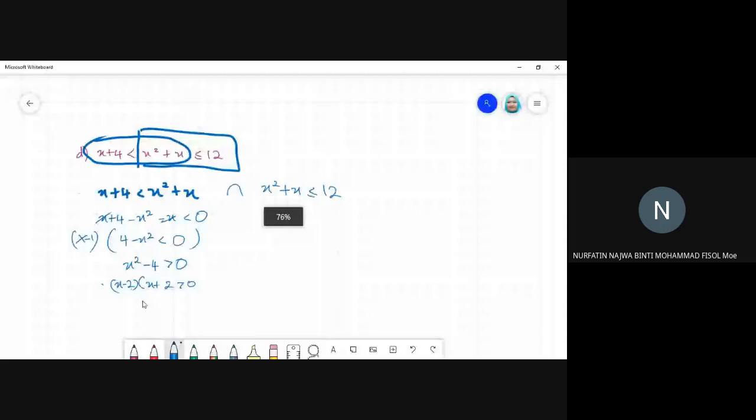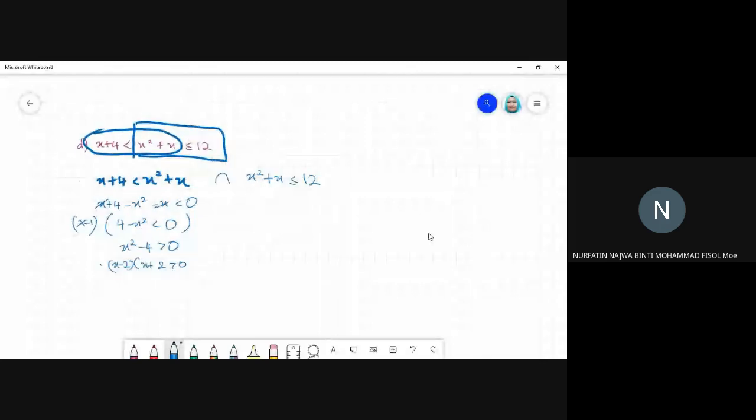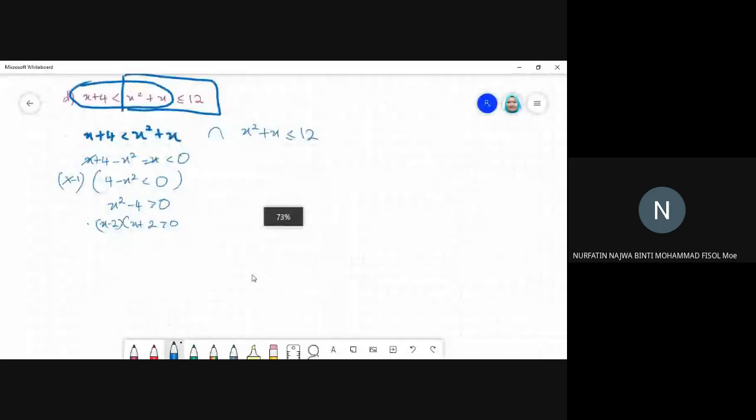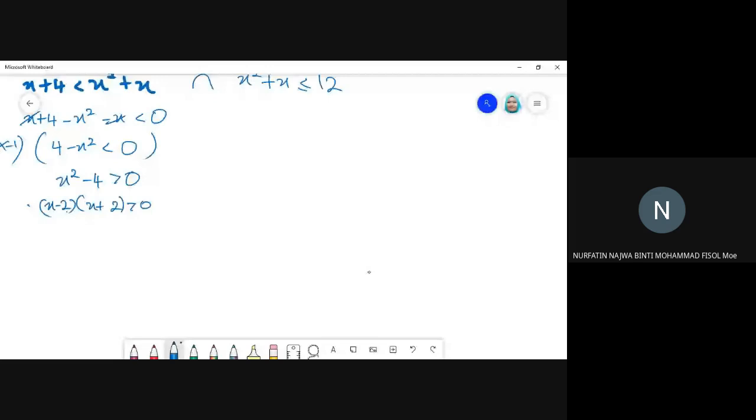Madam, yang X tolak 1 tu macam mana dapat?